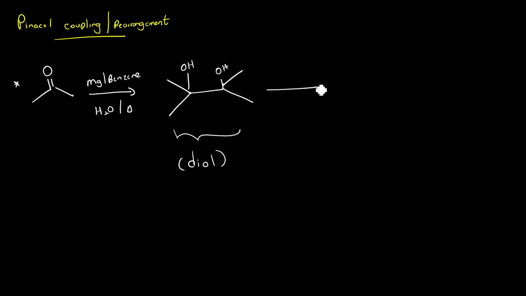Now if you add a Lewis acid, H plus, let's say you are using an acidic medium. Now what can happen is that one of these hydroxyl groups can attack a proton, and it can form a water molecule. Here you can see it has formed this, which is positive.